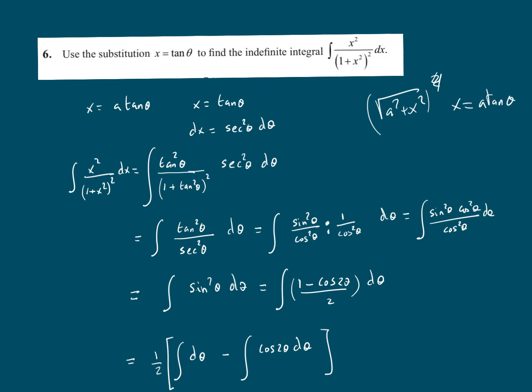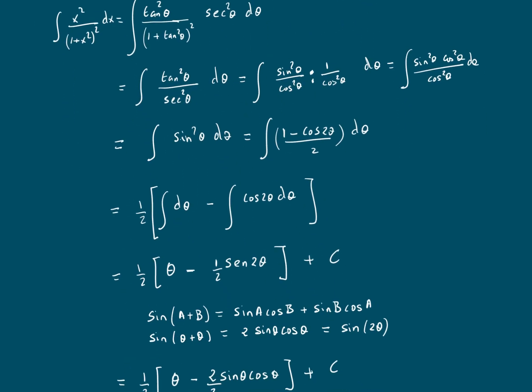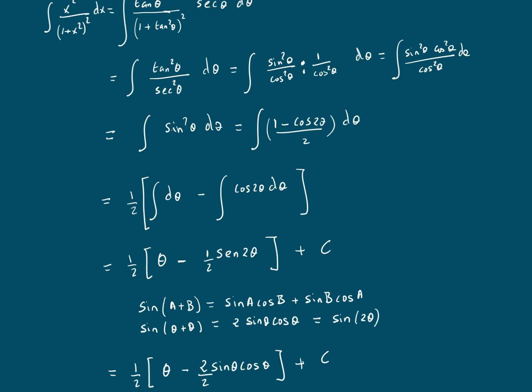So we use this equation to solve sine square of theta. If we use this equation to solve it, we have 1/2 the integral of d theta minus the integral of cosine of 2 theta d theta. So this will be 1/2 theta minus 1/2 sine of 2 theta plus c. Now we remember that the sine of a plus b is the sine of a cosine of b plus sine of b cosine of a.